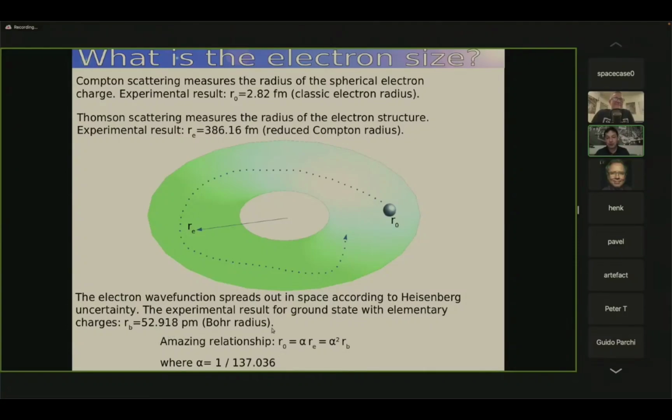So if you look at the ratio of the classic electron radius and Compton radius, the ratio is alpha, where alpha is the fine structure constant. And again, you look at the ratio of the Bohr radius and reduced Compton radius, you again get this alpha ratio. So it's some kind of a geometric structure, and that's not a coincidence, right?